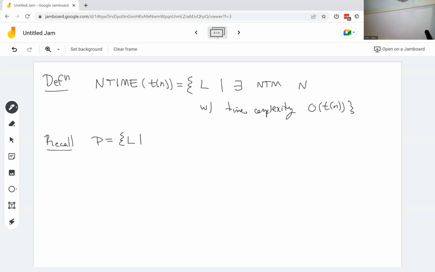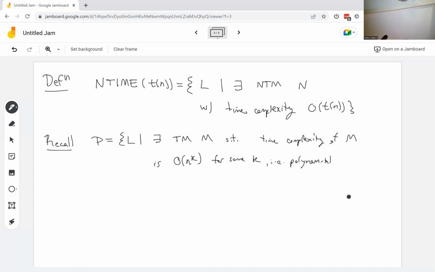So this is languages such that there exists a Turing machine M such that the time complexity of M is order n to the k for some k, i.e. a polynomial time class. Okay, and so now we're going to define its counterpart, which is non-deterministic polynomial time.